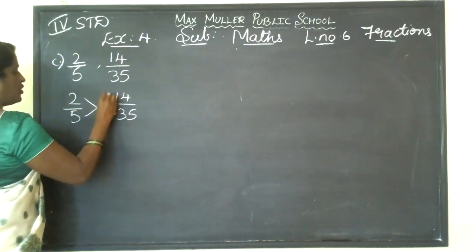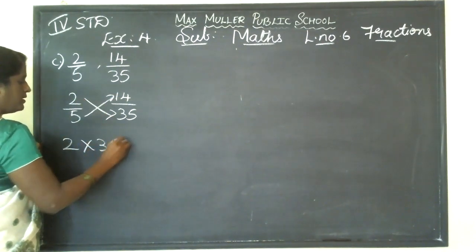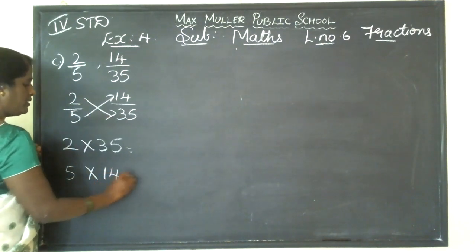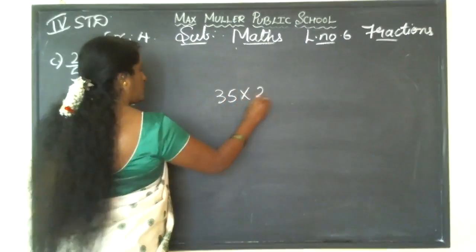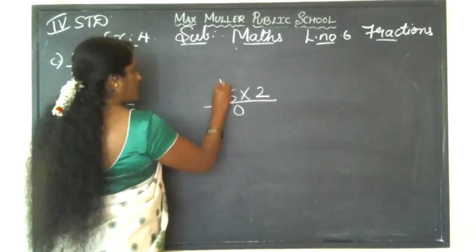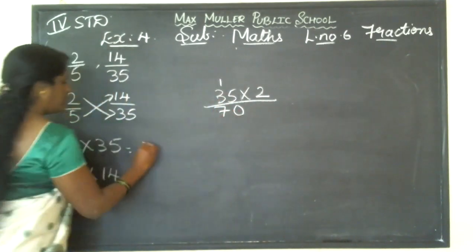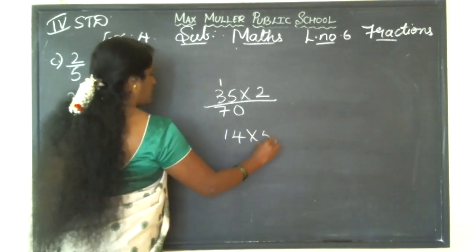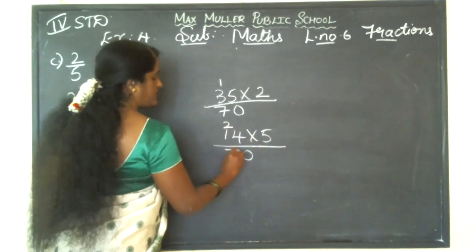I'll teach cross multiplication: 2 into 35, and 5 into 14. If you don't know, just write 35 into 2. 2 5s are 10, 1 carry, 2 3s are 6, plus 1 is 7, so 70. 14 into 5: 5 4s are 20, 5 1s are 5, 7, so 70.